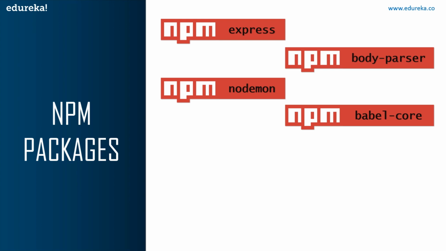Maybe there are other options also, but Babel has become very famous now. It has become the benchmark, a de facto standard, to compile an ECMAScript 6 application to a version of ECMAScript that can run in current browsers. That's why we need this package, npm babel-core.